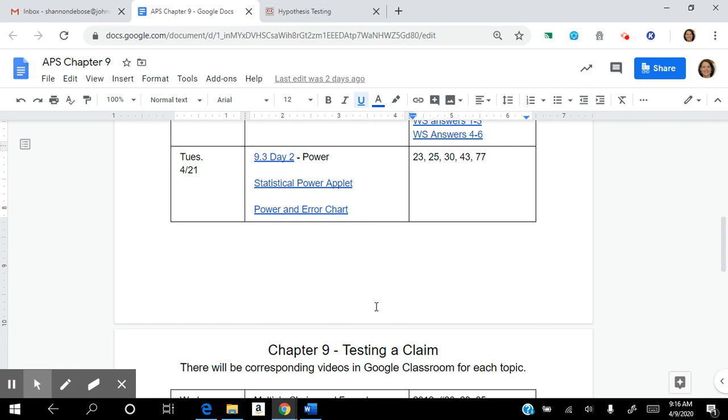Before we start with what statistical power means, I'm going to be reading to you from page 540 in your textbook, starting right underneath the picture. The probability of a type 1 error is the probability of rejecting the null hypothesis when it is really true. As we have already learned, this is exactly the significance level of the test.